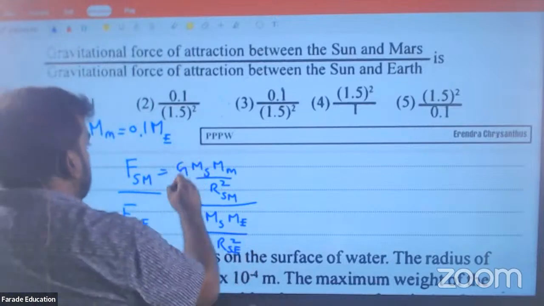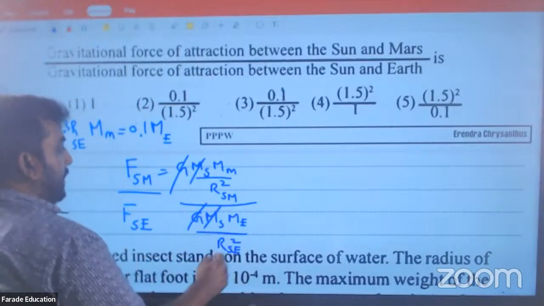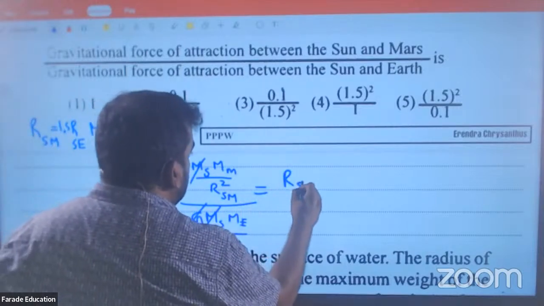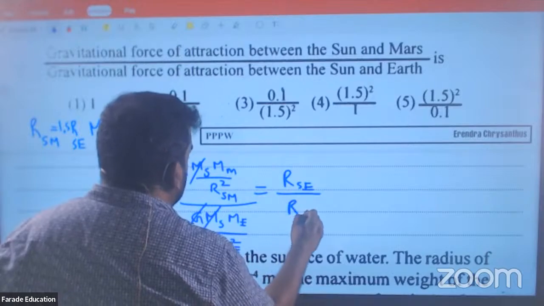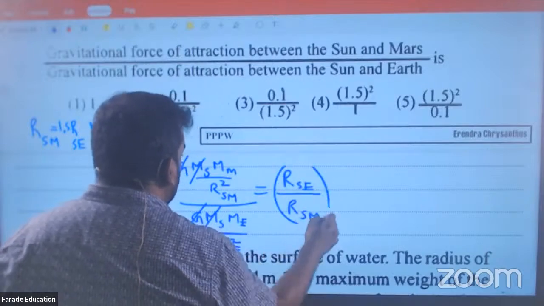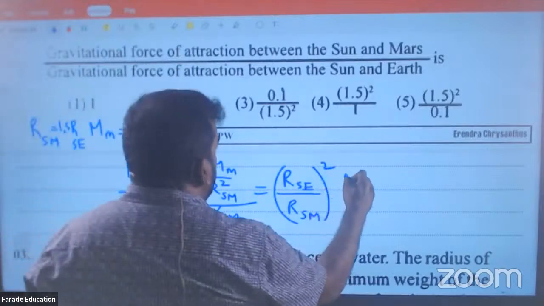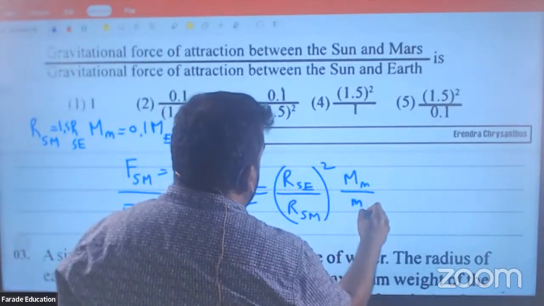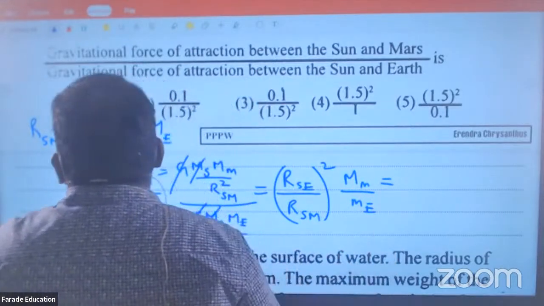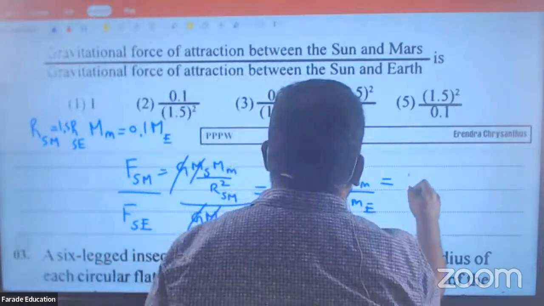Simplify this. G, MS cancel off. Distance between the Sun and the Earth, over distance between Sun and Mars, whole thing squared, times mass of Mars divided by mass of Earth. So here the ratio will be 1.5.